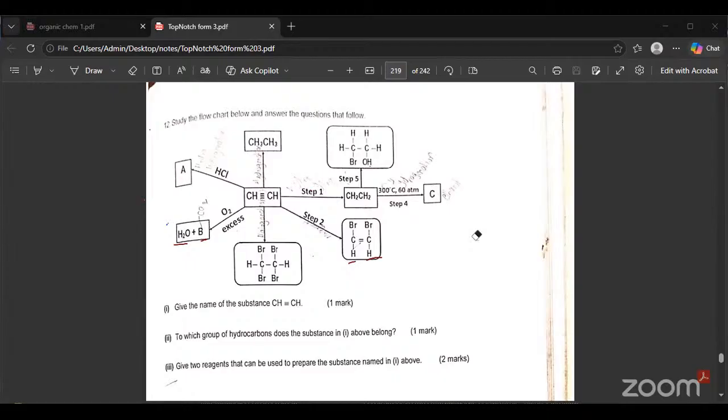We have a step where we have 300 degrees, 6 atmospheres, and then it forms C. That is polymerization. Yes.